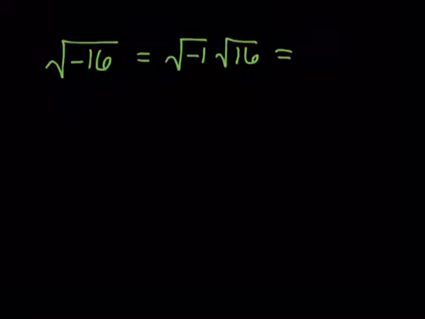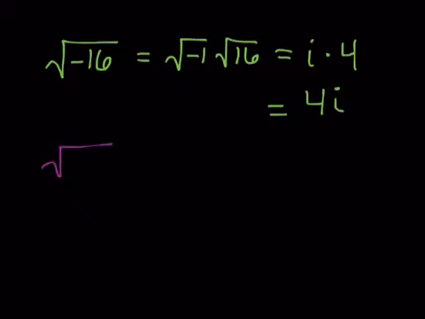By definition, the square root of negative 1 is i, and the square root of 16 is 4. So this would be i times 4, and just like with the variable x, we normally write the 4 before the i. So this would be 4i.